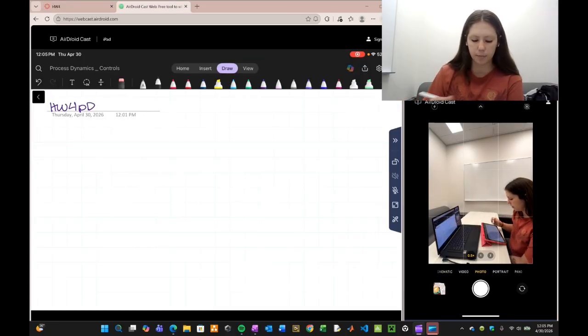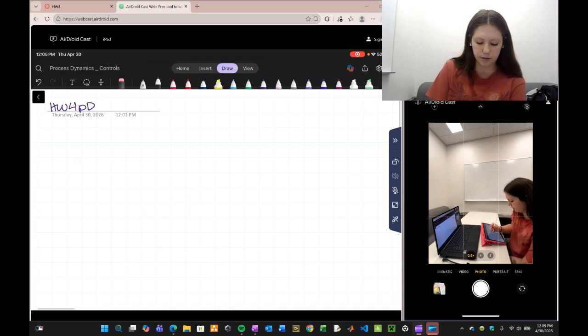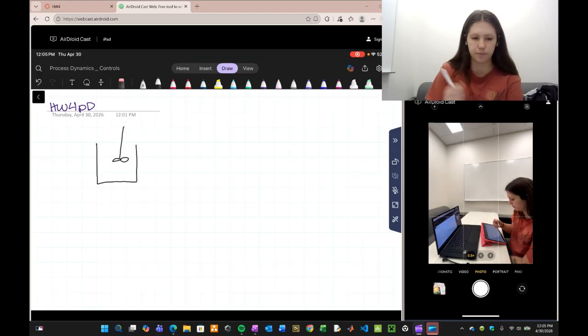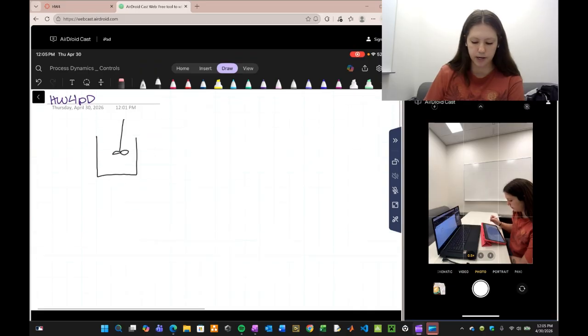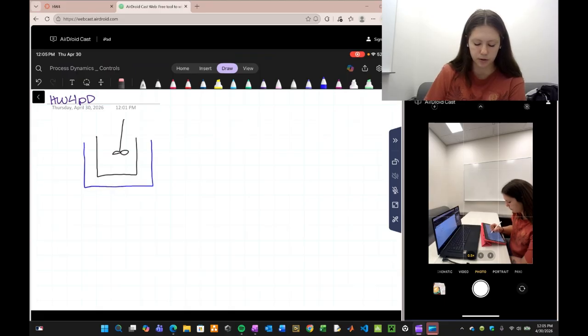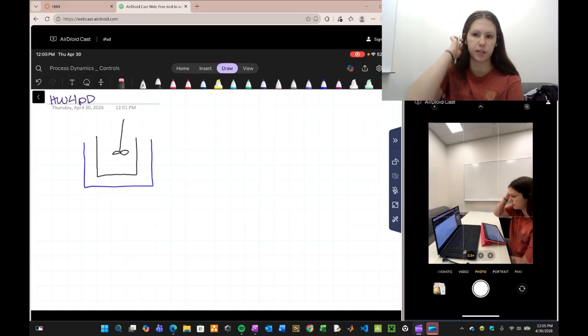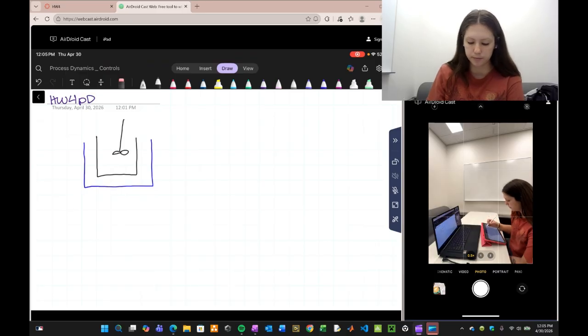So we can start out by drawing our system here. We have a reactor that will have an agitator inside of it, and this reactor will have a jacket around it with cooling water going through it. And the jacket will have a probe.